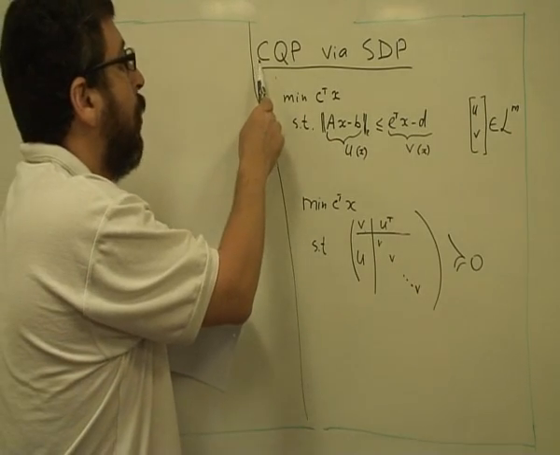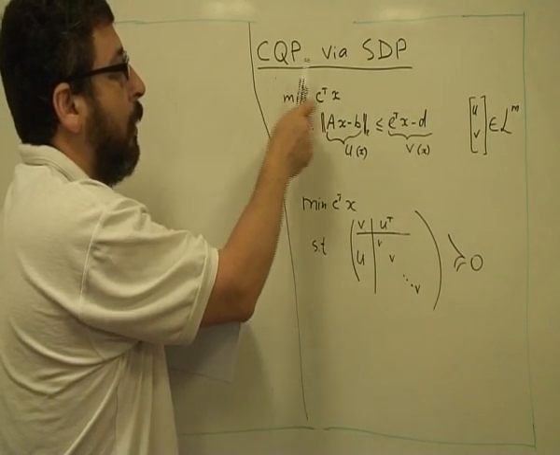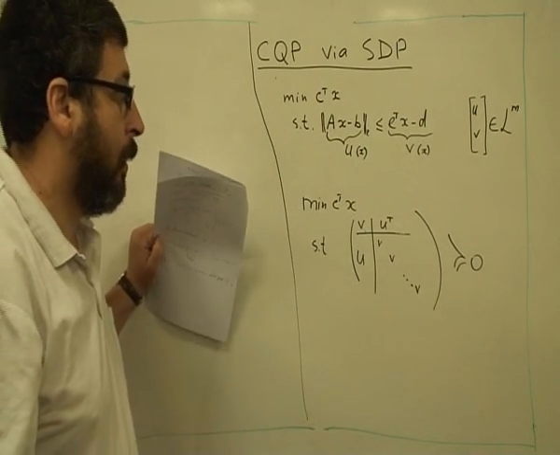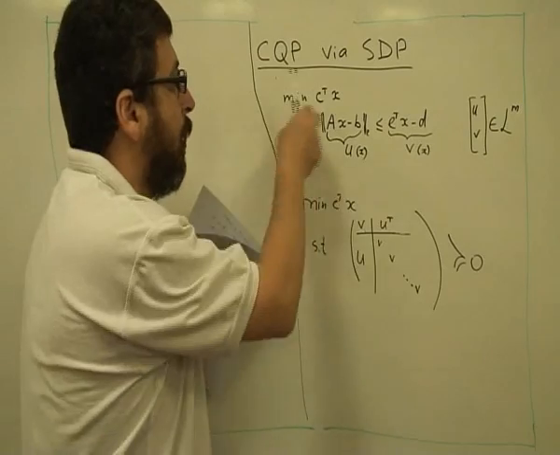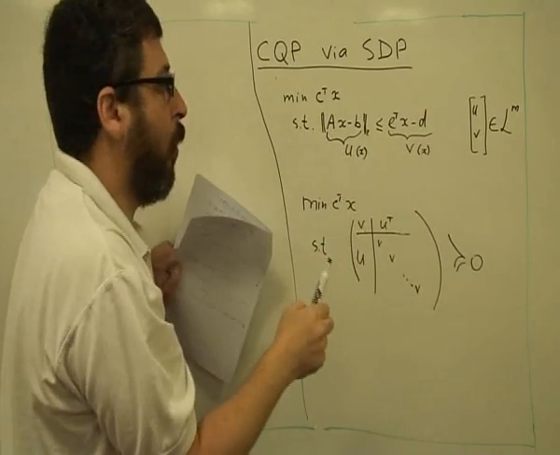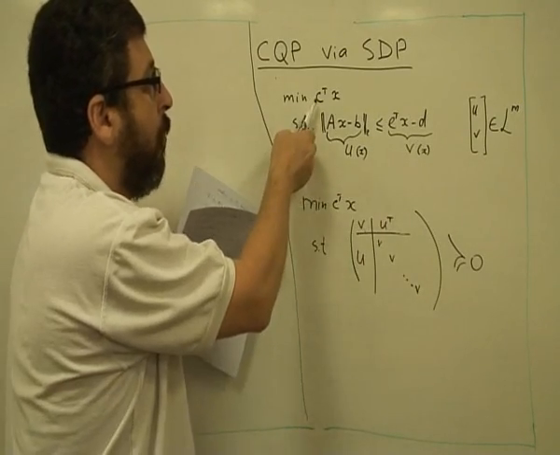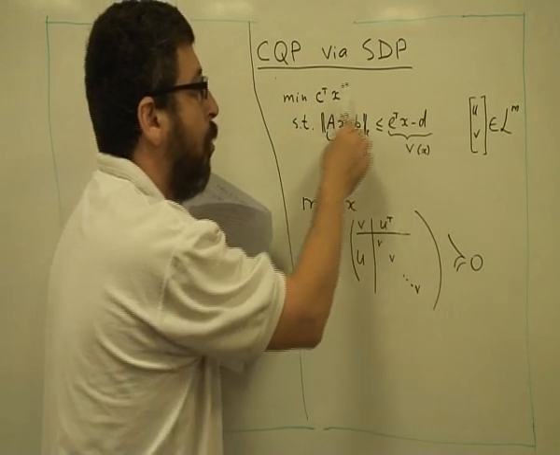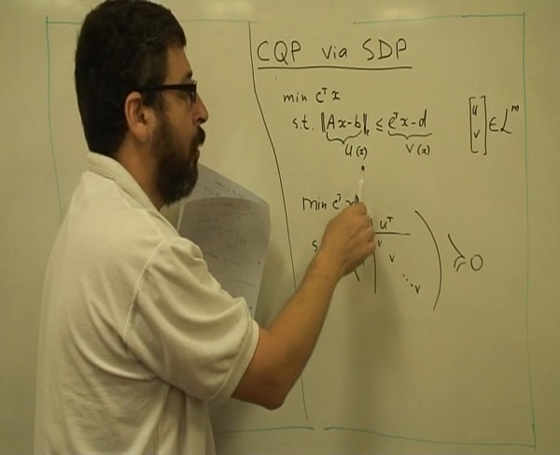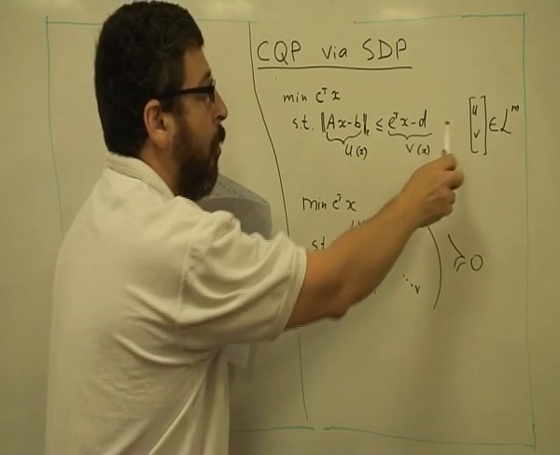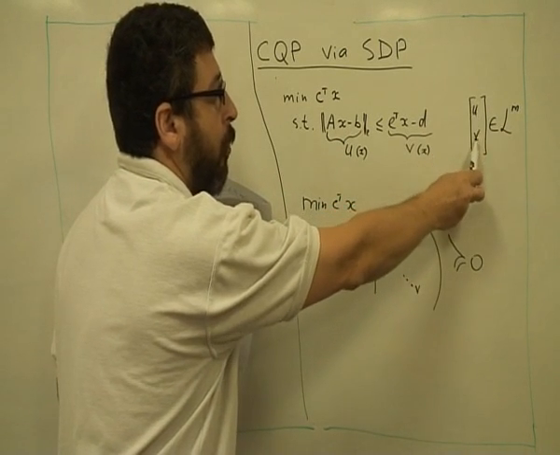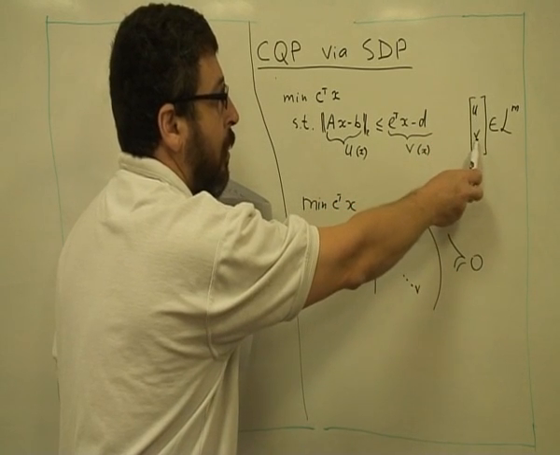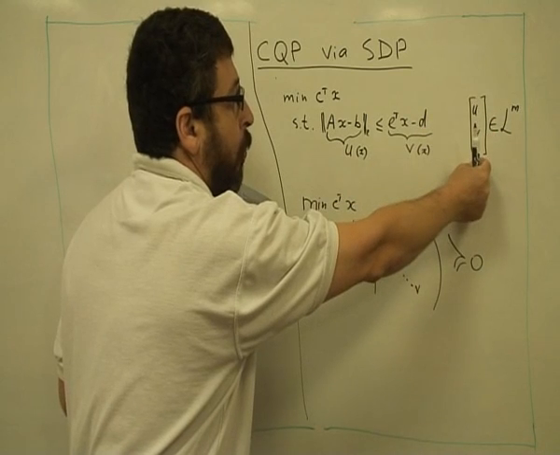Also, conic quadratic program can be expressed by semi-definite programming. Let's see this. Here's an example of conic quadratic program. We minimize the linear objective function subject to conic quadratic constraint. So we have this vector u, v. u is a vector actually, and v is a scalar. This forms a long vector.